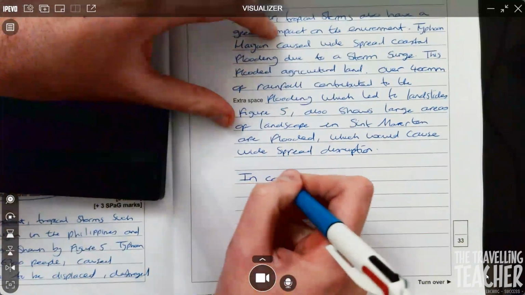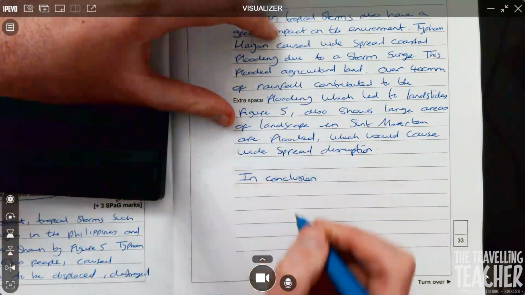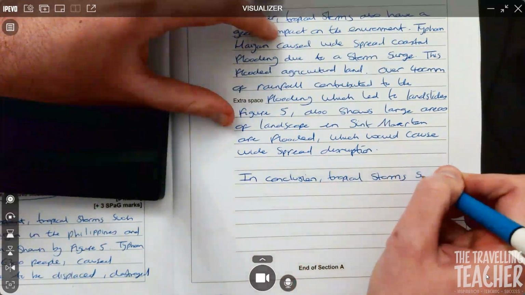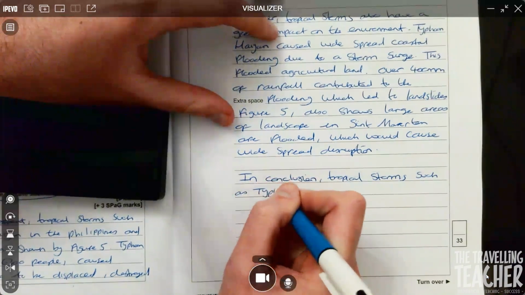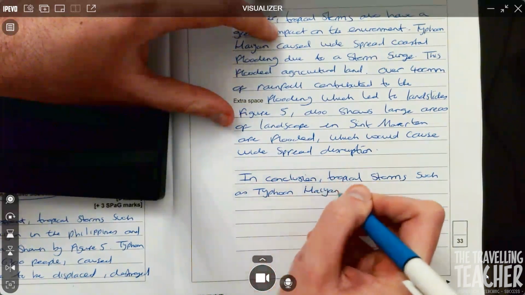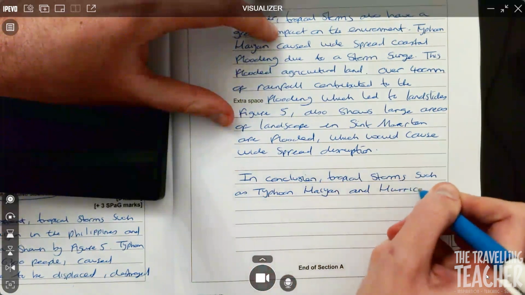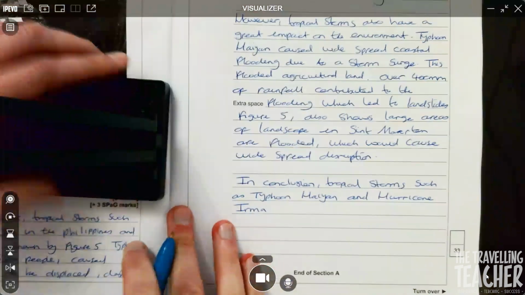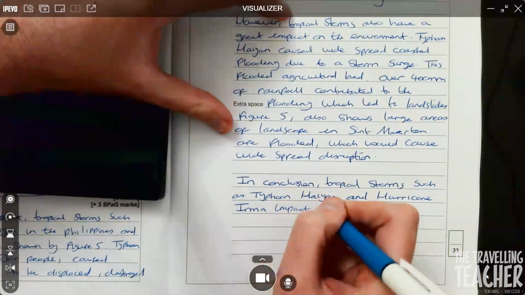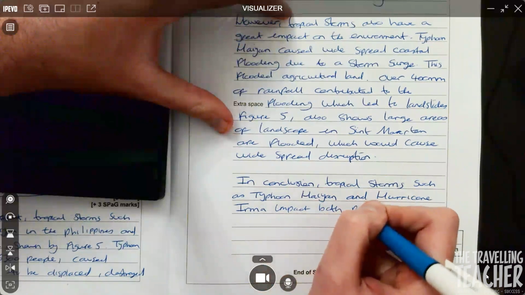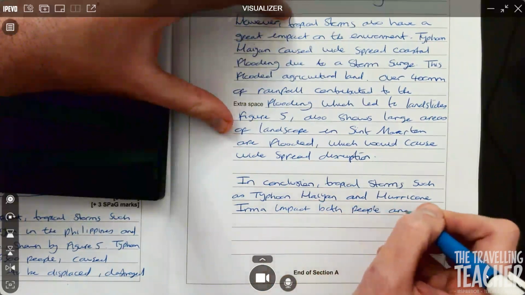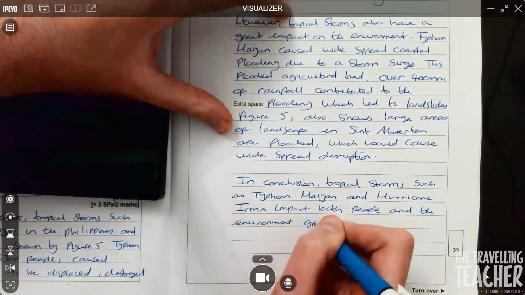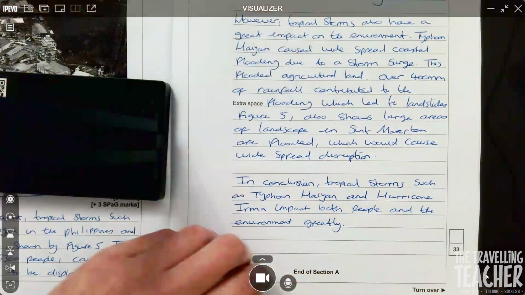So in conclusion, tropical storms such as Typhoon Haiyan and Hurricane Irma impact both people and the environment greatly. We'll stop. Right, well done, guys.